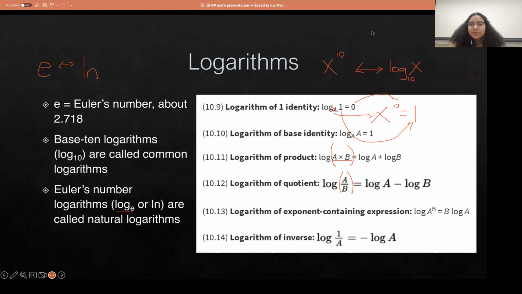Another example, instead of x's and zeros, is log base 2 of 8, which is equal to 3. It's like, what exponent do I have to put on 2 to get to the number 8? And that would be 3. So yeah, those are the log rules.